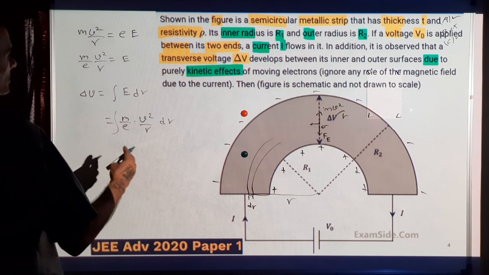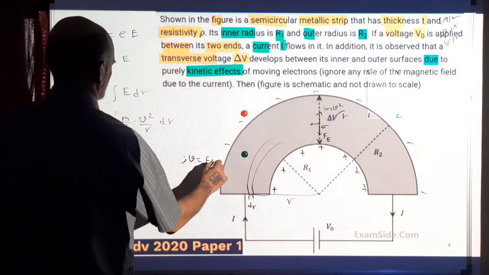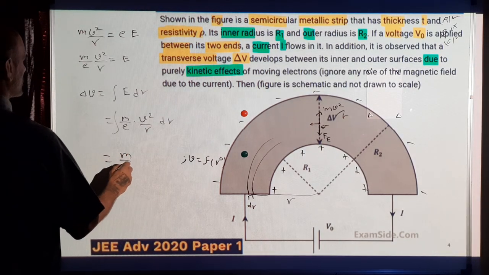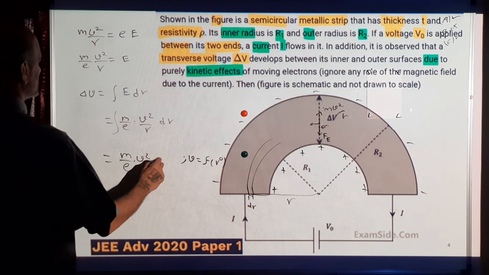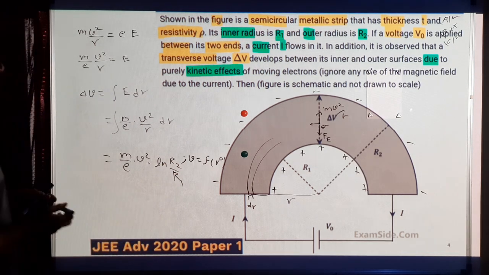So if you assume this velocity is not a function of r, then m and e are constant and will come out, so v square also will come out. So this will be into ln of r2 by r1.